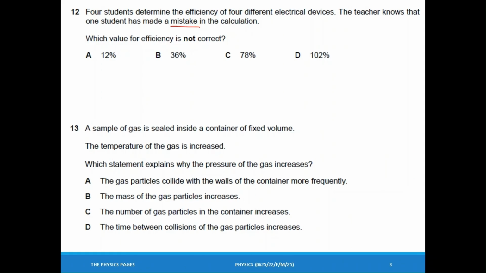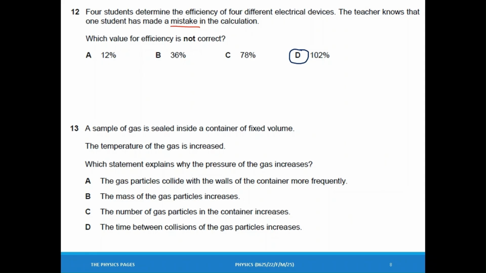Even the ideal case is unreal, that is 100% efficient for us. So if you look at the options here, 12%, 36%, 78%, 102%. So 102% is impossible. That's why the teacher is aware that this is an impossible situation. So D is the correct option.